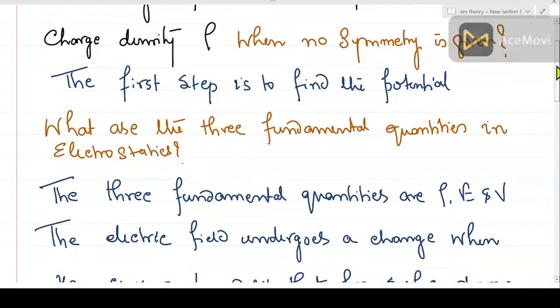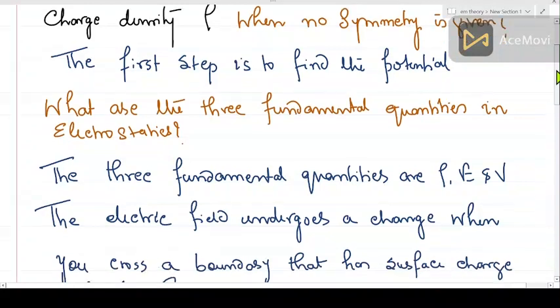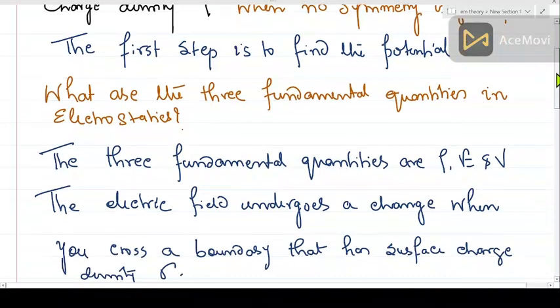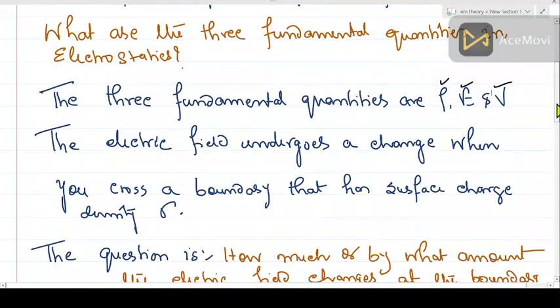The next thing: if you are asked what the three fundamental quantities in electrostatics are, they are charge density rho, electric field E and potential V. Now what happens when you have a region or boundary that separates two media?